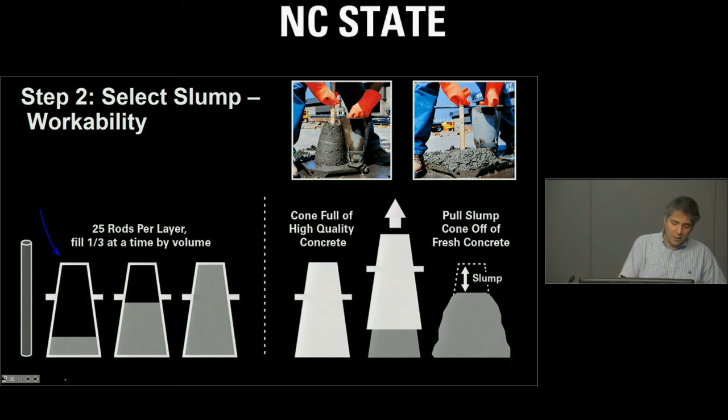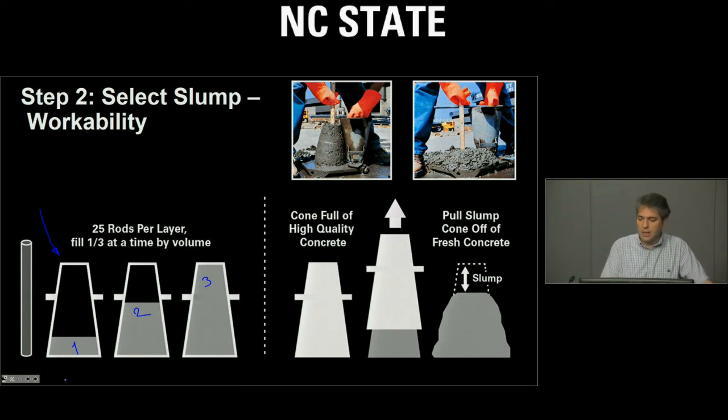And we fill this cone from the top with concrete in 3 different layers, 1, 2, and 3. And every time that we put a little bit more concrete into this, 1/3 of the volume at a time, we rod this 25 times. So we consolidate this a little bit, in fact.